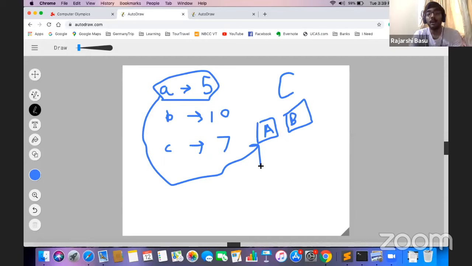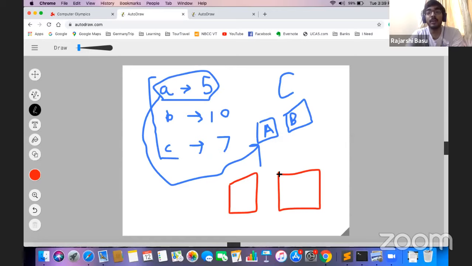Second, what if it's less than 26? Let's say instead of 26 we had 3 types of diseases, and we had 2 isolation centers. What will we do? Let's say we have one isolation center like this, one like this. It makes sense that every isolation center will have a particular type of virus treated.